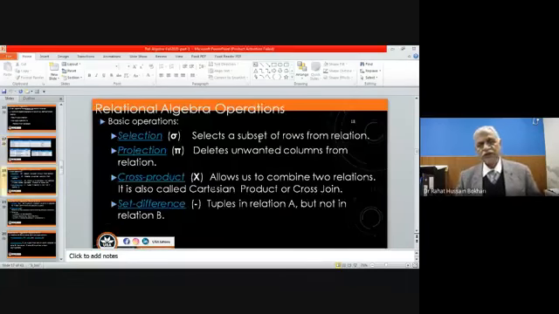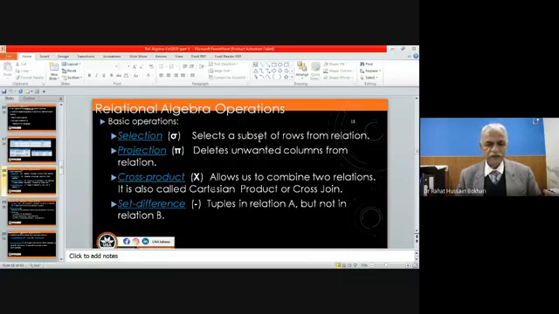So the operators that we have to study today are selection and projection, and I might cover one or two more if I have time. The selection operation is denoted by sigma.